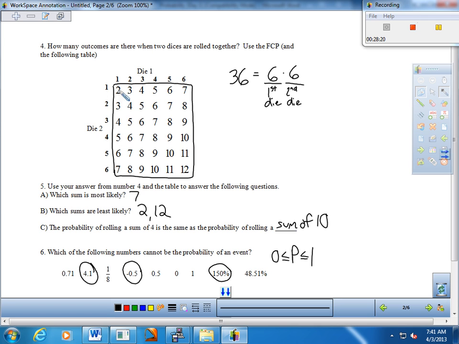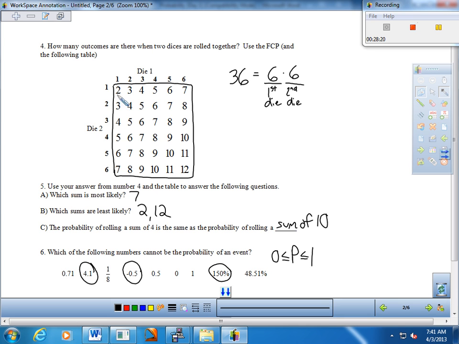I'll go one more time. 1, 2, 3, 4, 5, 6, 7, 8, 9, 10, 11, 12, 13. Let's find some more primes. 8's not prime, 9's not prime, 10's not prime. 14, 15. I'm getting 15.